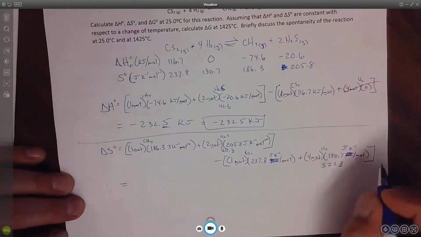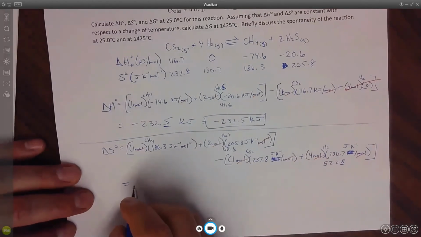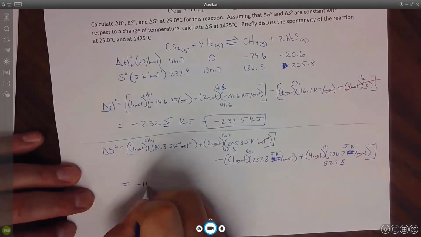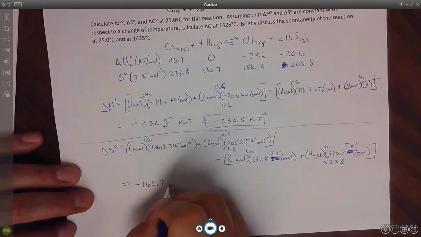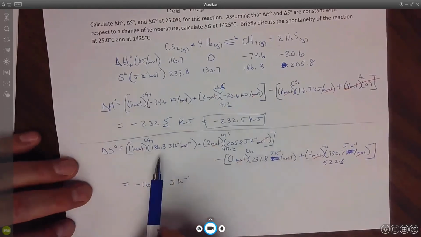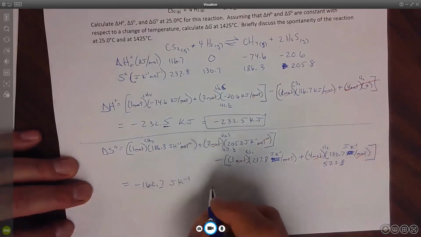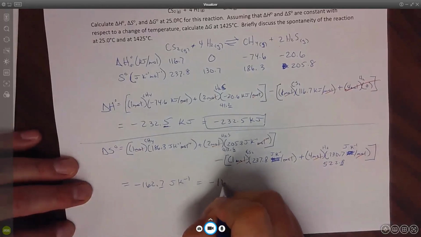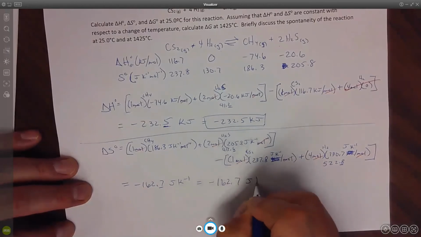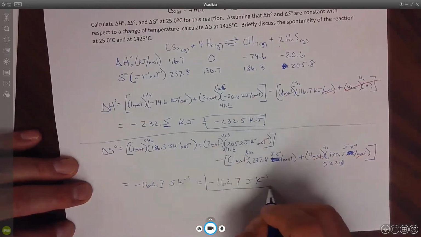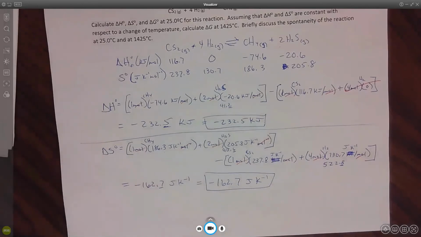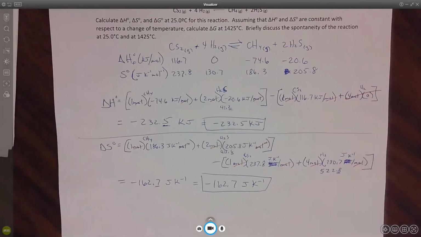Plug all of that into your calculator, and that'll be negative 162.7 joules per Kelvin. We have 1 pass, 1 pass, 1 pass, 1 pass, so 1 pass. So negative 162.7 joules per Kelvin would be your answer for del S. Any questions so far?